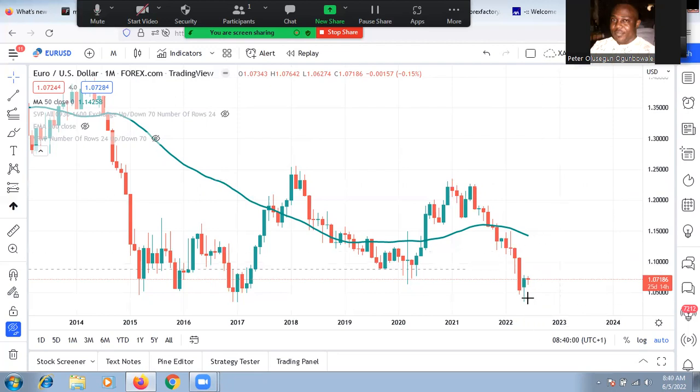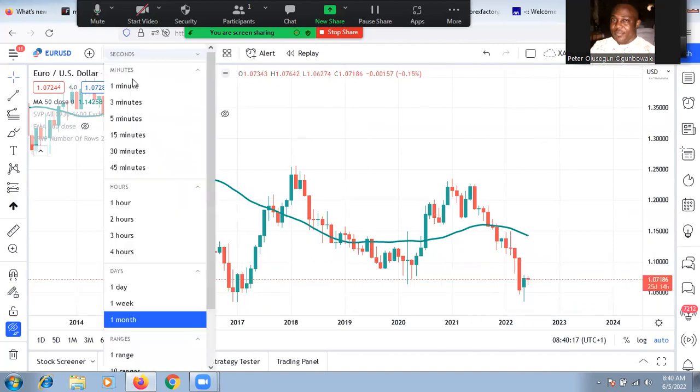You must know that there should be a limit up here for this 4th corrective wave, and you must play within that limit. Let me go down; you can see the price action here on the monthly time frame telling you that you are in an uptrend, or probably you are correcting.